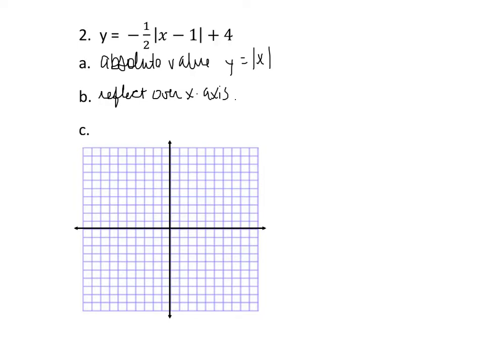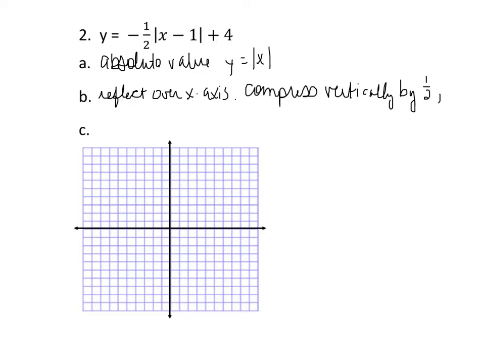Okay. It's also going to compress because of the 1/2. So it's going to compress vertically. And go ahead and say by 1/2. I don't know if I did on that previous problem, but you do need to tell me how much it's compressing by.